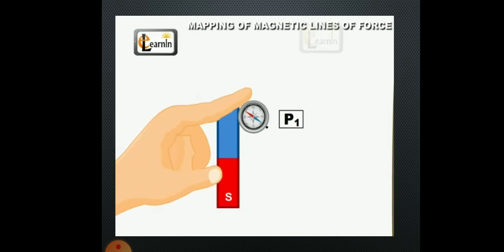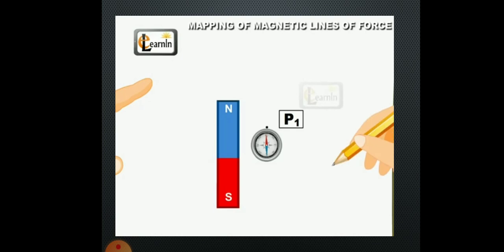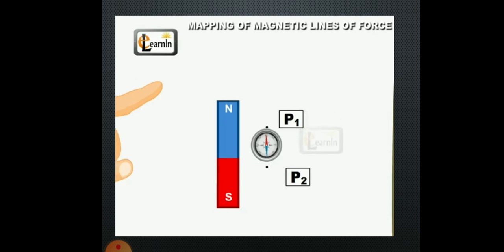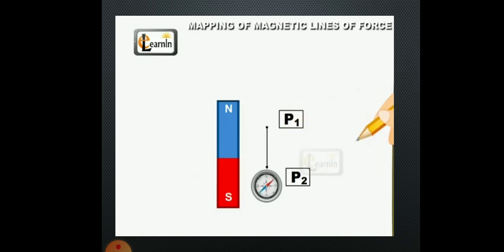Now, move the plotting compass in such a way that the south pole of the plotting compass is in alignment with P1, and again mark the second point, shown by the north pole of the plotting compass, say P2. Join P1 and P2 and mark the direction of the deflection.